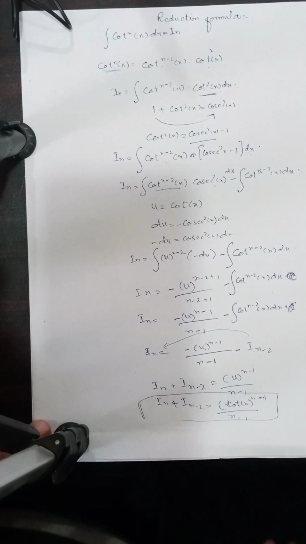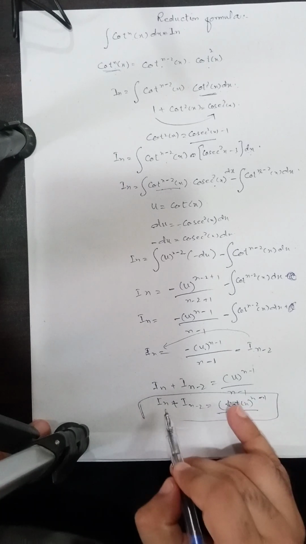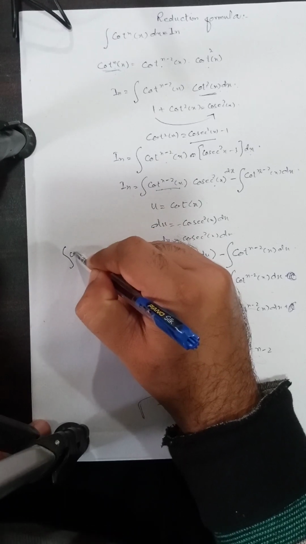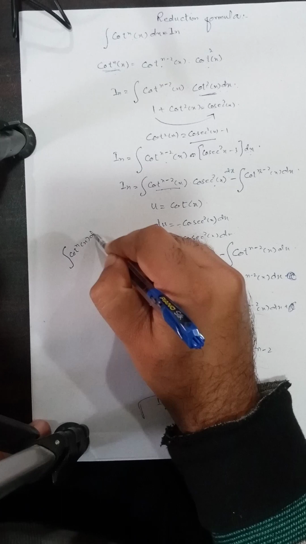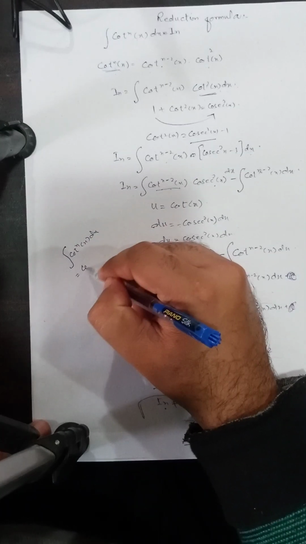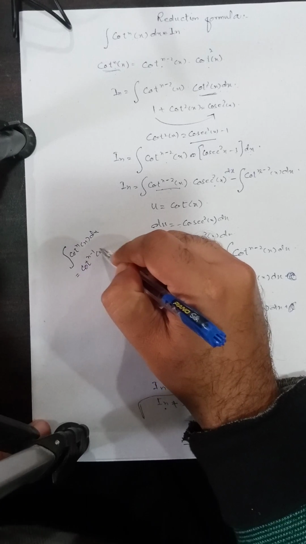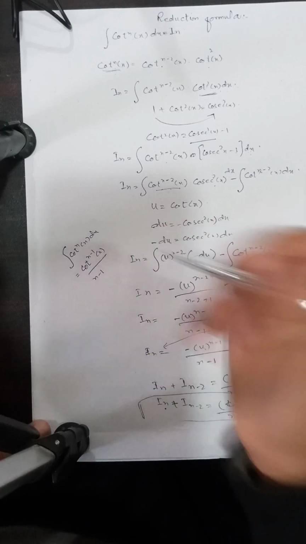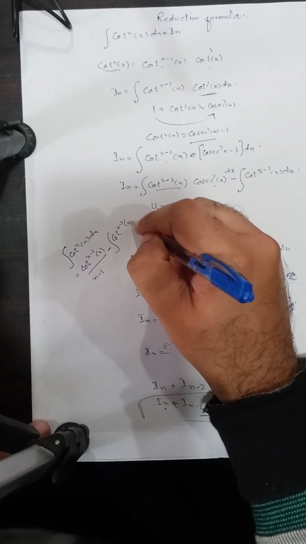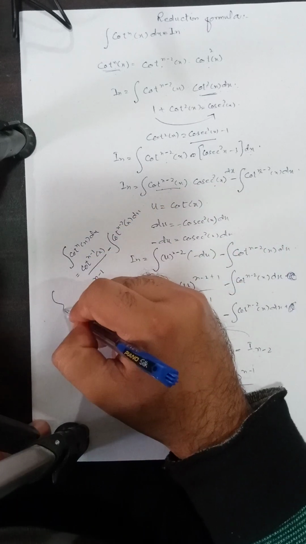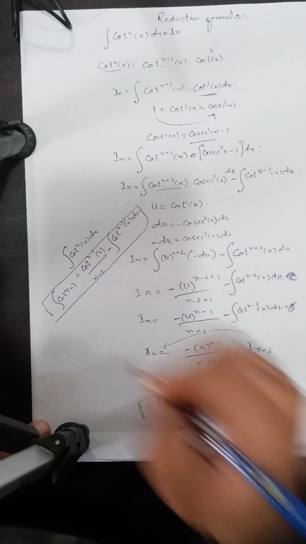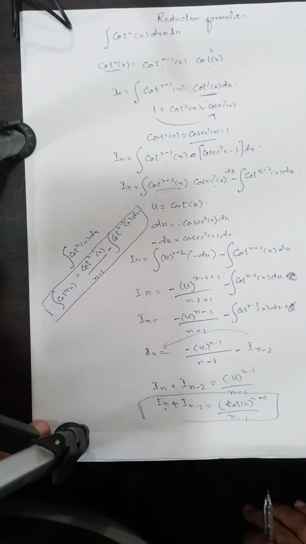This is the reduction formula for I_n. So the integral of cotangent^n(x) with respect to x is equal to minus cotangent^(n-1)(x) divided by (n-1) minus the integral of cotangent^(n-2)(x) with respect to x. This is the reduction formula.